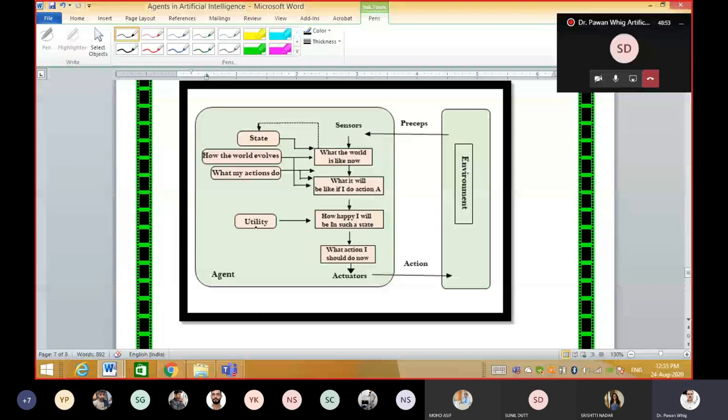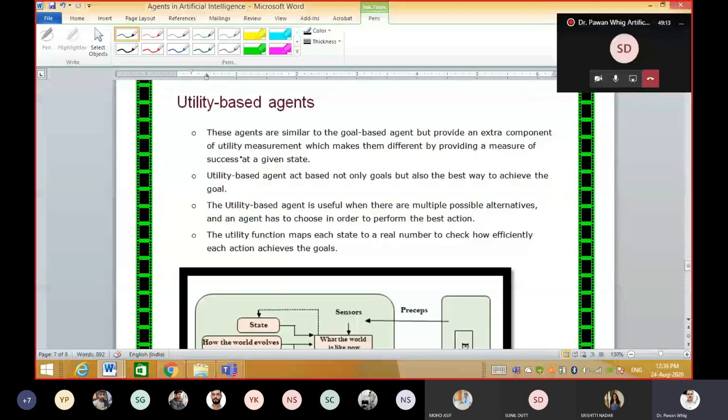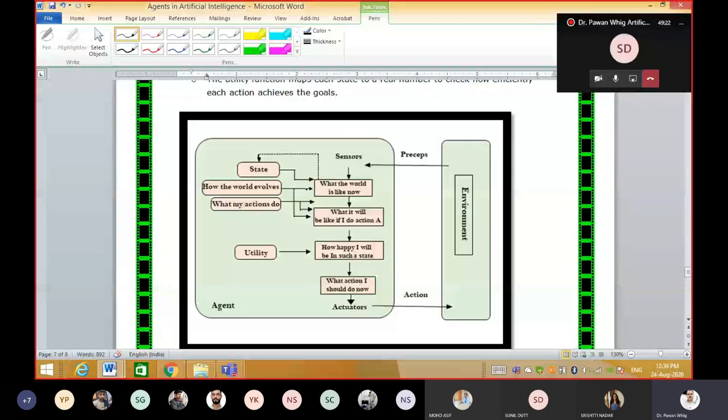These agents are similar to the goal based agent, but provide an extra component of utility measurement, which makes them different by providing a measure of success at a given state. Hence, after the cleaning, it will give you the measure of cleanliness, that they were able to complete 75% of the task or 80% of the room got cleaned. It will give you performance in terms of percentage. This is what we call the utility based agent.